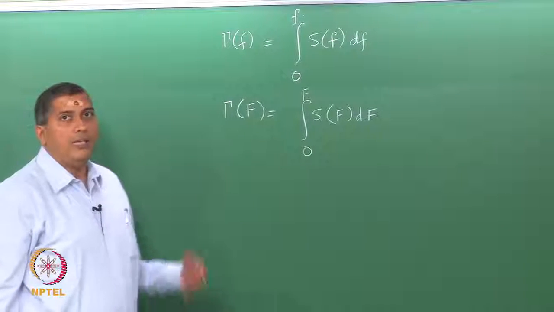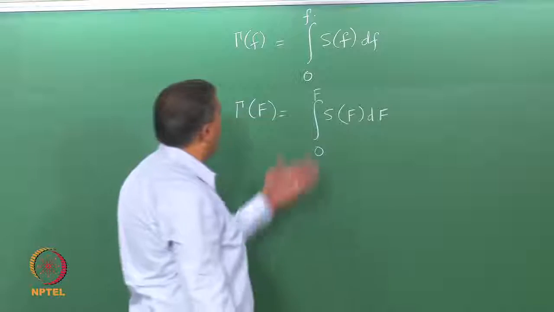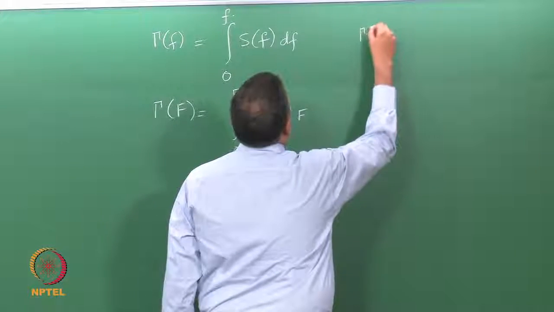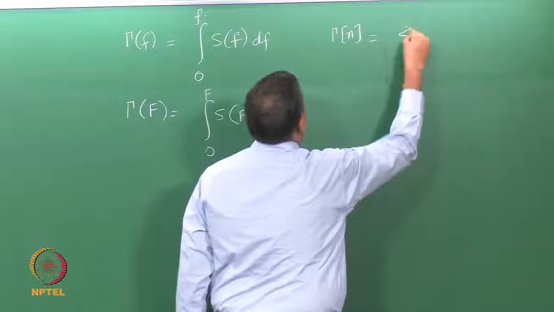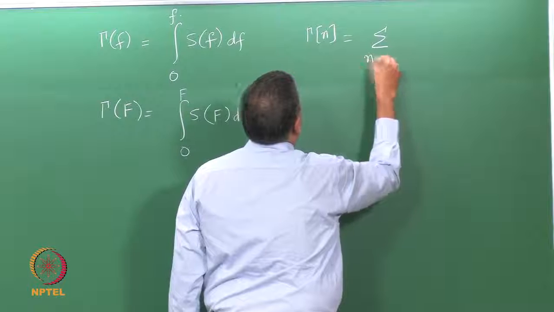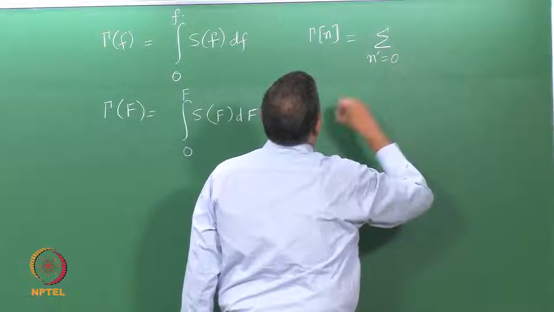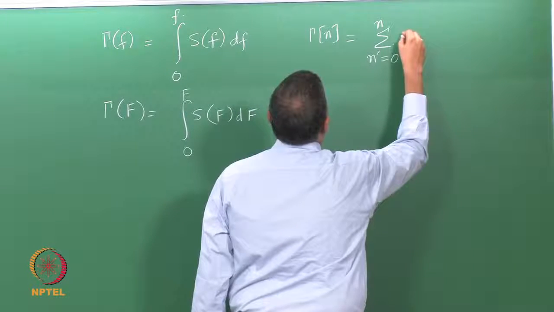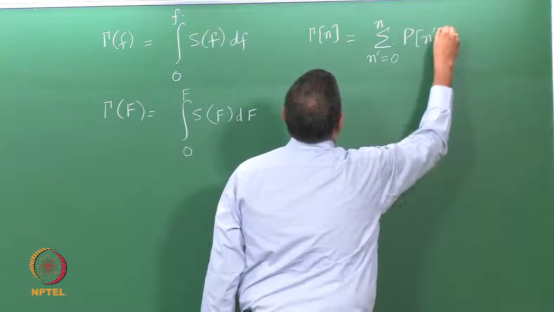Now, when I look at the continuous time or discrete time periodic, let us take the discrete time periodic case, I have gamma now a function of the nth harmonic. So, I have here the n prime running from 0 to the nth frequency. Here I have p of n prime.